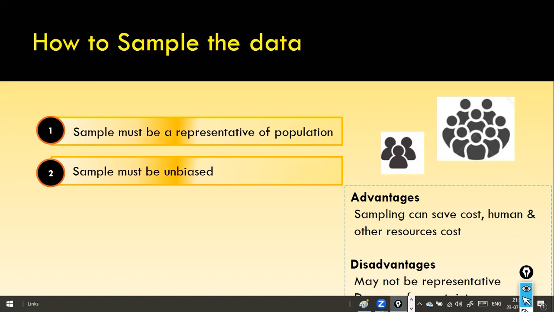A simple example: you host a party in your house and you want to buy sweets. You visit a nearby sweet stall and want to buy 3 different varieties of sweets in bulk. Before you buy in bulk, you ask them to give a small piece of each of these 3 varieties, and then you taste it.